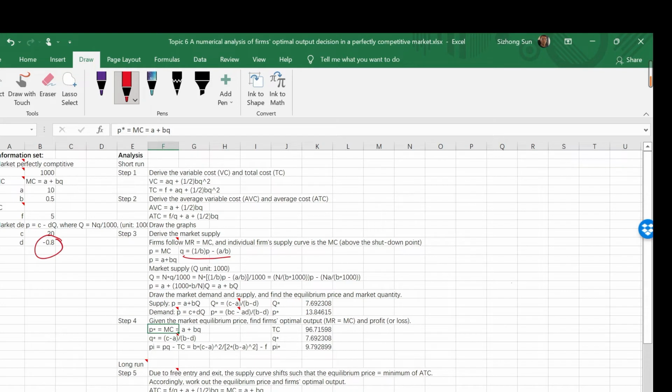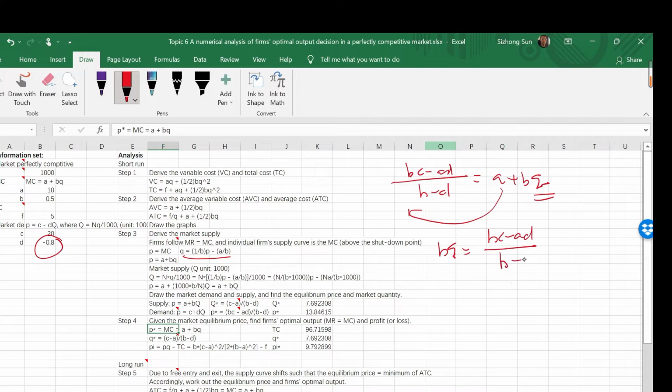So market price is BC minus AD divided by B minus D, and this is equated to marginal cost A plus BQ. So we can work out Q here, right? So move this term to this side. So BQ is BC minus AD divided by B minus D, minus A. Then divide both sides by B.